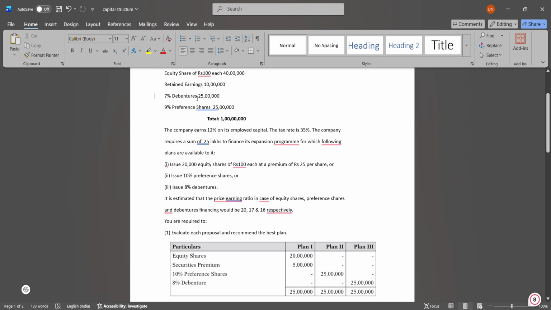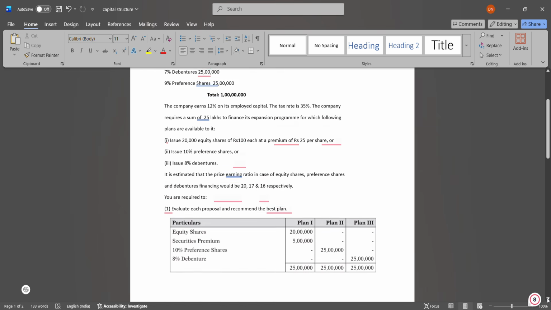Talking about debenture holders, in the prior case they were paid 7%. Now, in the new investment, the debenture holders are going to be paid 8%. Now, the price earning ratios of the equity, preference shares and debentures are 20, 17, and 16 respectively. So, let us see the solution.